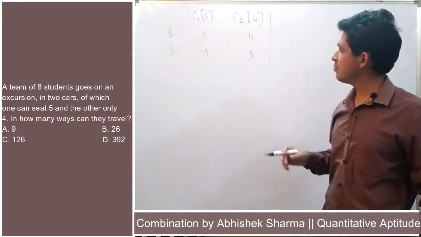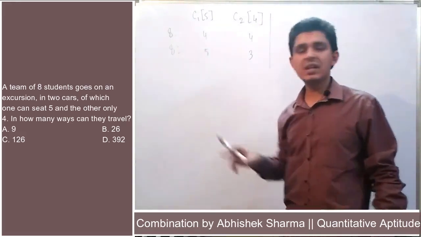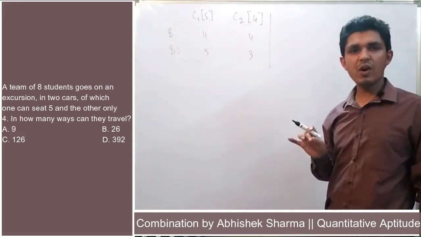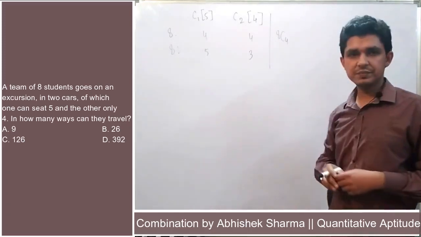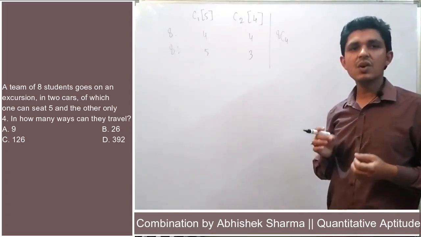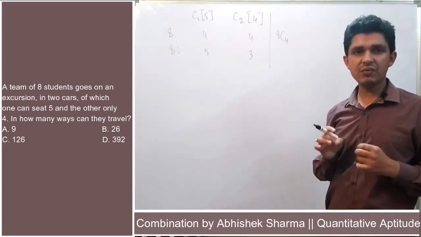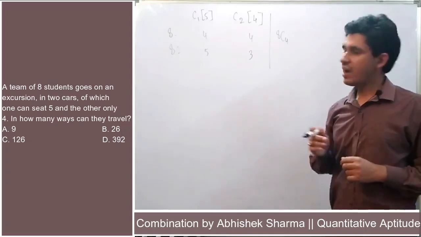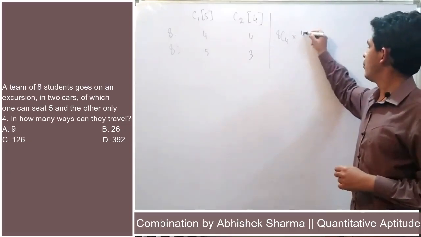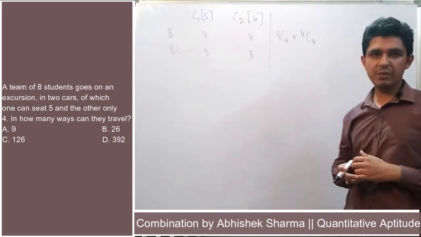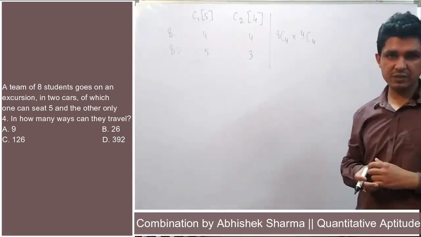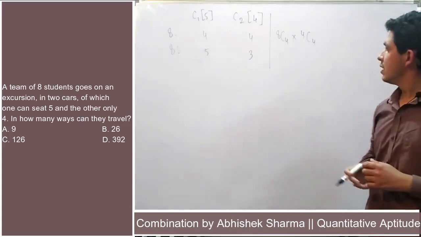So we can simply write, first we have to select 4 boys out of 8. So this will be done in 8C4 ways. Once 4 boys have been selected out of 8, the remaining is 4, and thereafter 4 people will be selected from the remaining 4 people. So this will be done in 4C4 ways, right?